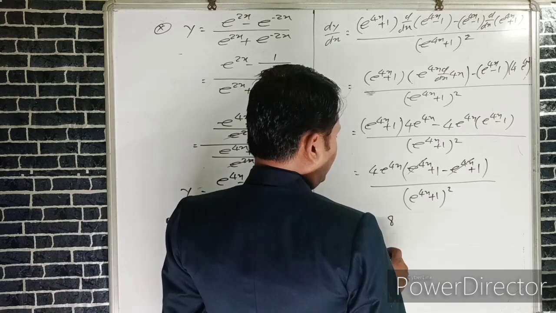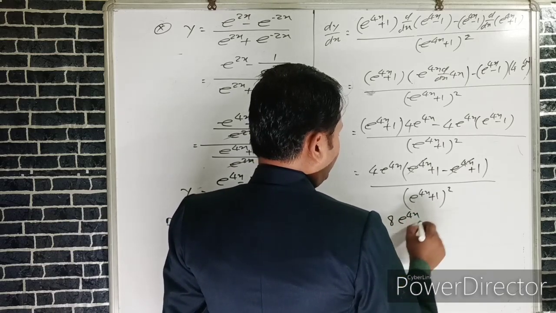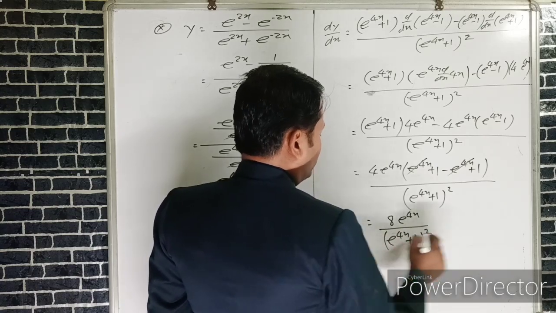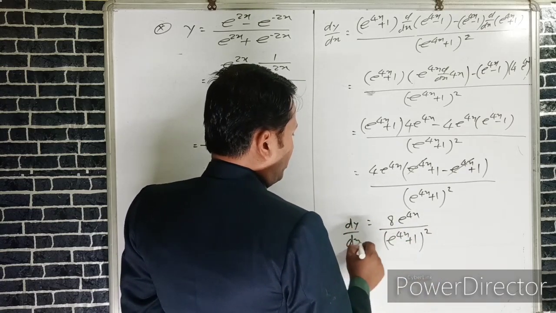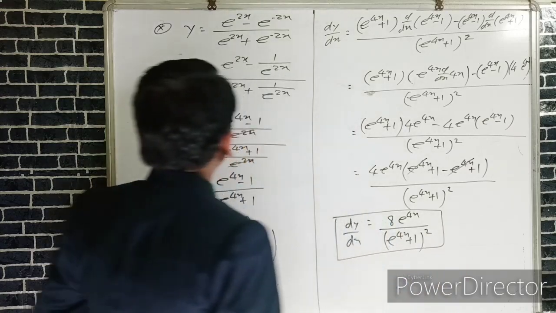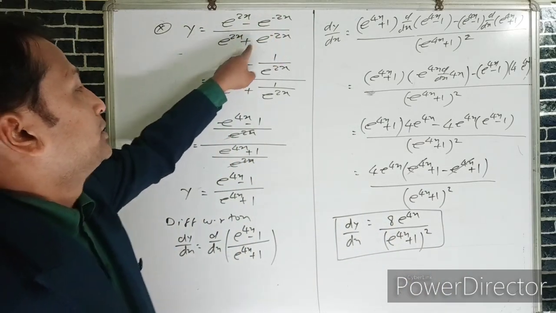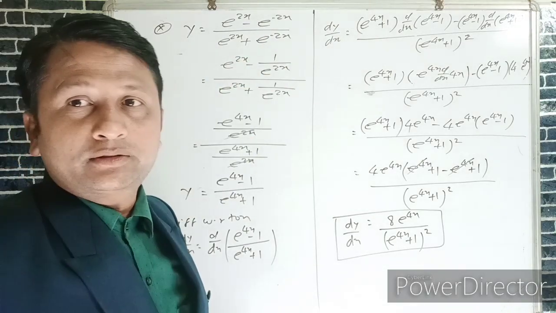Hence we can write 8 e to the power 4x upon e to the power 4x plus 1 whole bracket square, which is the required derivative of the given function, which is e to the power 2x minus e to the power minus 2x upon e to the power 2x plus e to the power minus 2x.